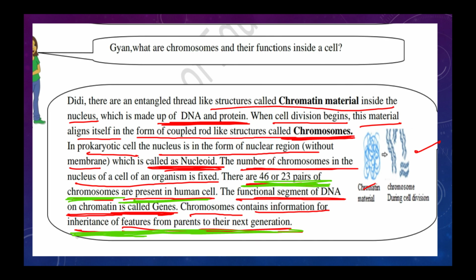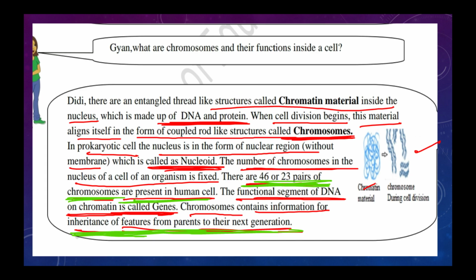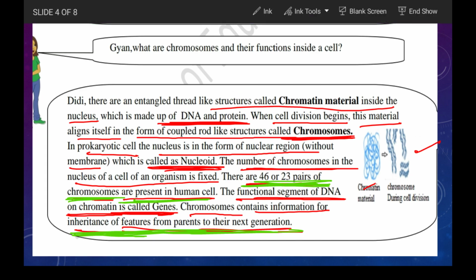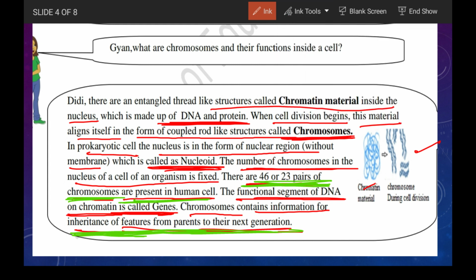Now we will move to question number 3. What is the number of chromosomes in the human being? What are genes and where are they located? There are 46 or 23 pairs of chromosomes in the human cell. And what are genes?